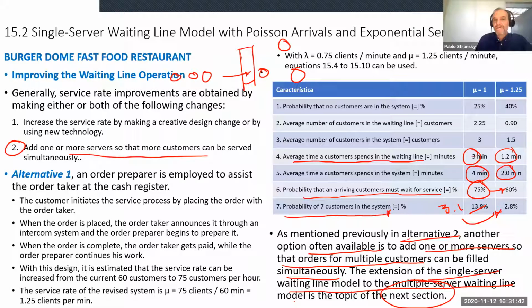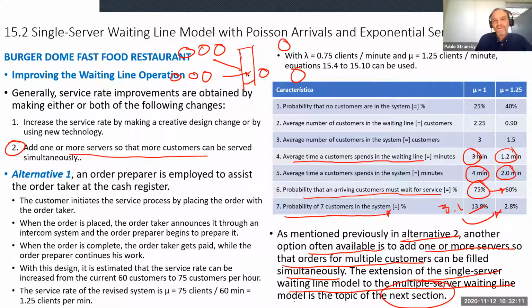The problem is that this guy, after they have cashed you, sends you back to another line. So what's really happening is that they're not backing this guy. This guy just takes the order, cashes you, and after it cashes you, places the order.